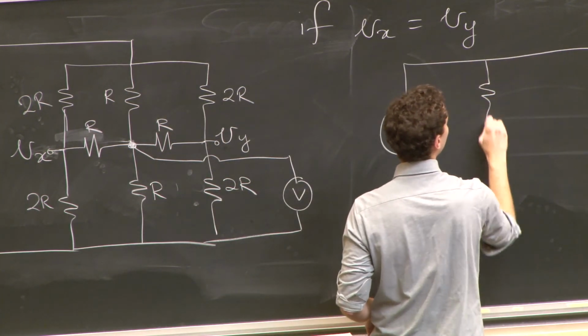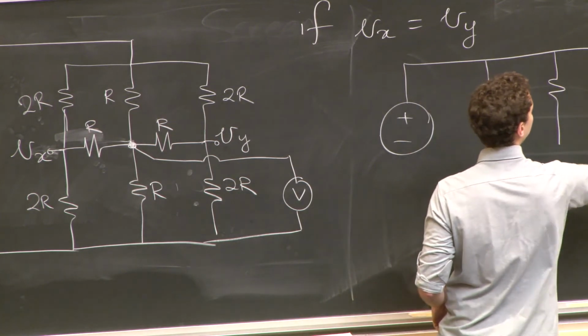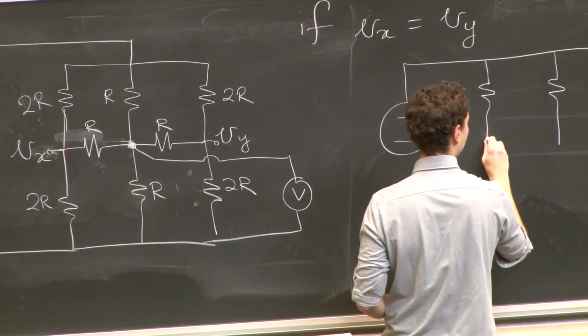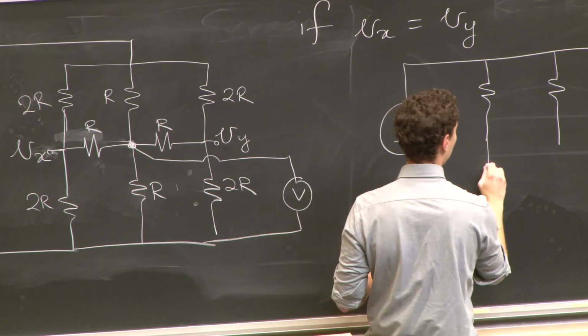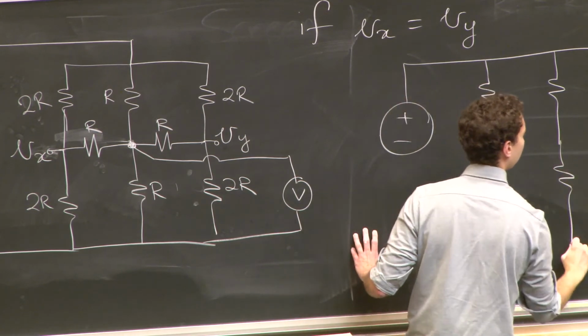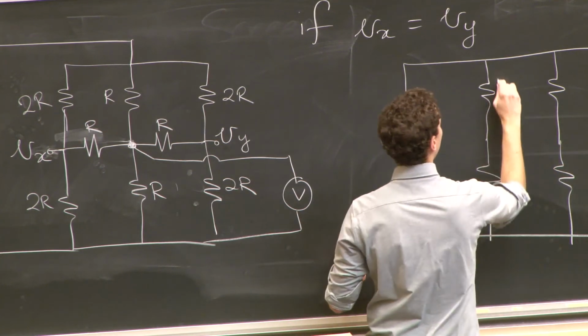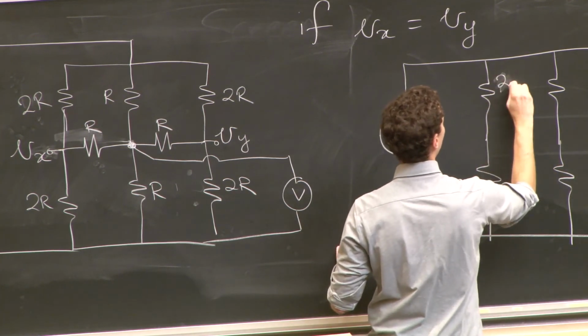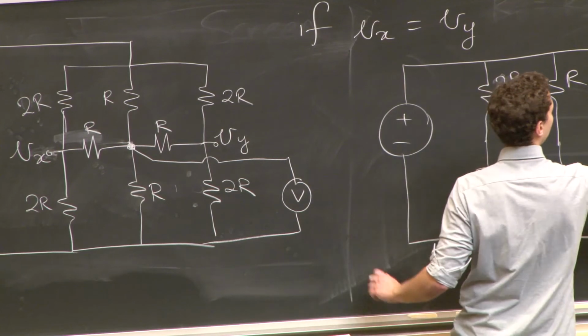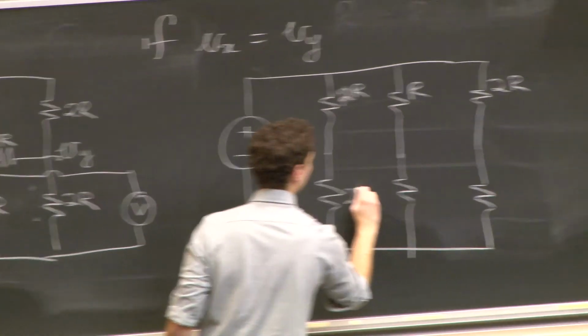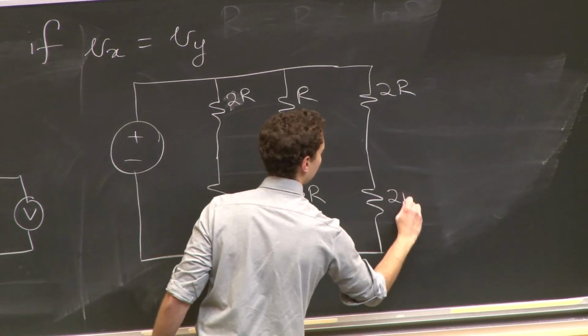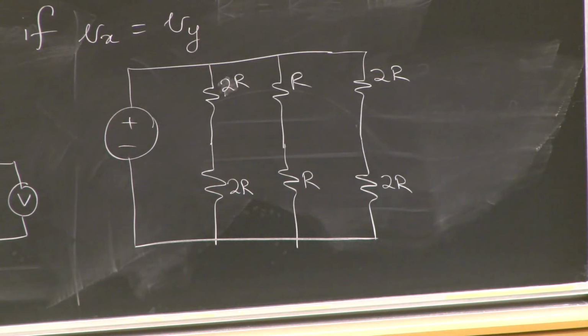And now my circuit, turn them into open circuits, there's no current. Here I've got 2R, R, 2R. Just like this.